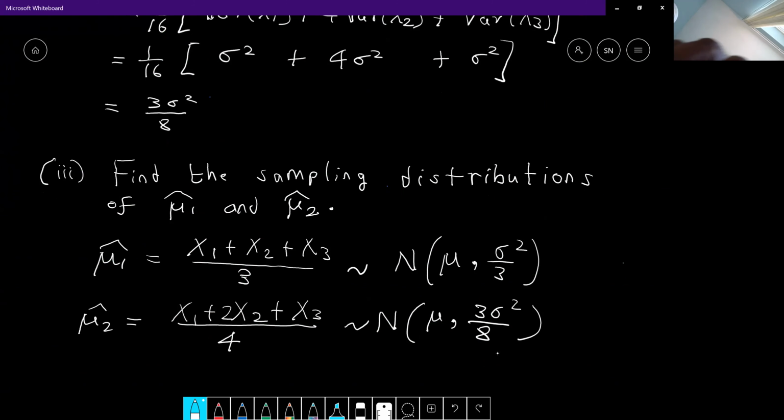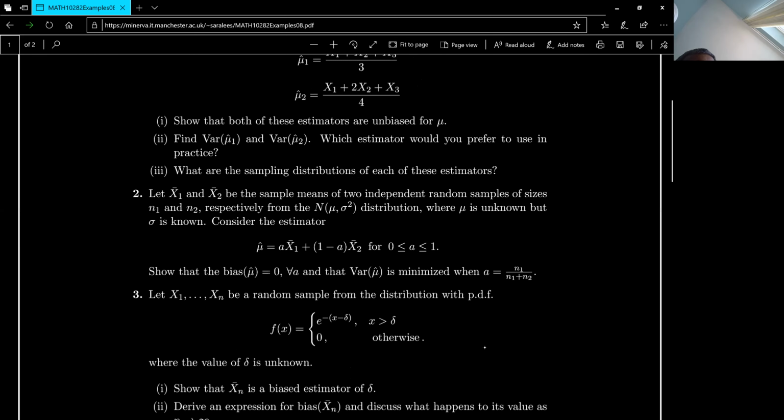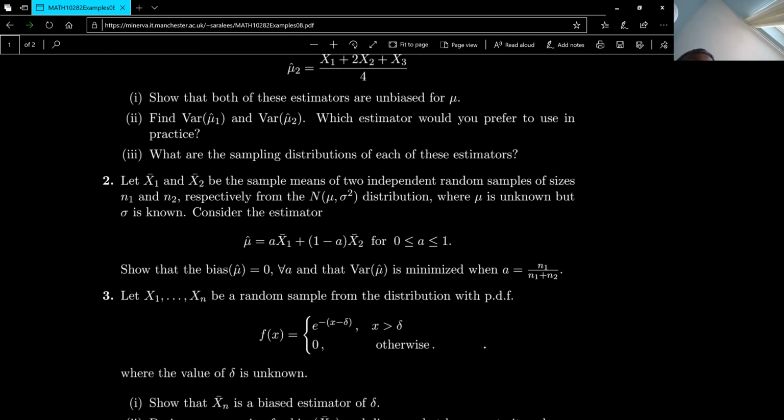Let me stop this share and go to question 2. Okay, here we are. You can see it now. This is question number 2 on sheet 8. I'll give you a few minutes and see if you can do it.